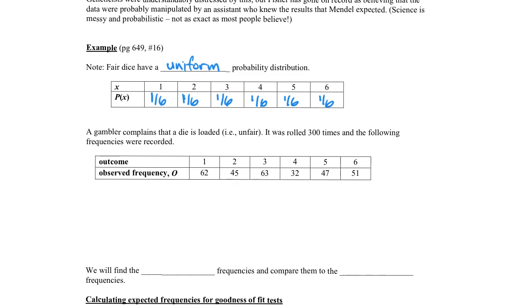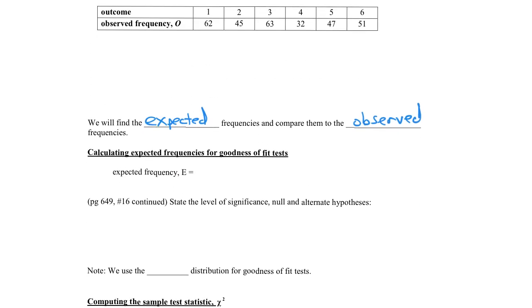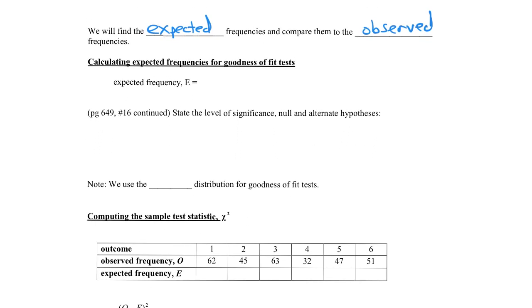So what we would do is we will find the expected frequencies, and compare them to the observed frequencies. And again, these are the observed frequencies here. And we talked about what the expected frequencies are. We'll talk about it in a little bit more detail in a second here.